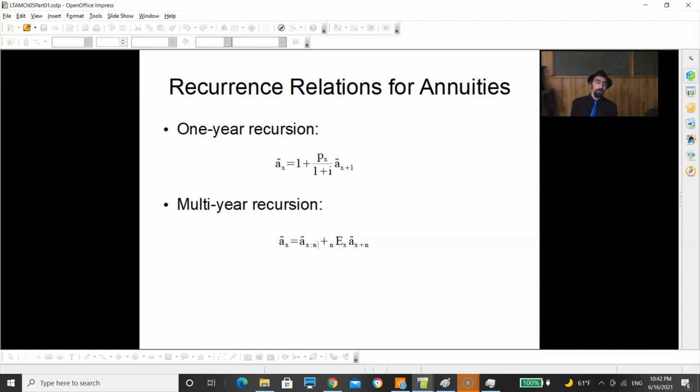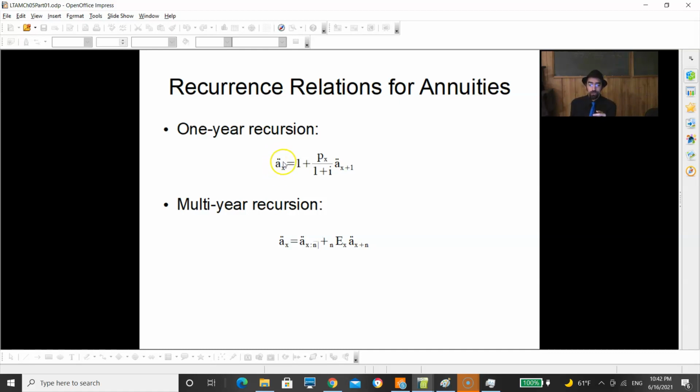So there are some important recurrence relations for annuities, much like there were for insurance. What if you want a 1-year recursion? What if you want to compare ä_x to ä_(x+1)? Well, I can think of ä_x as you get the first payment right away, because it's only conditioned on your surviving to the beginning of the year, which obviously has to happen.